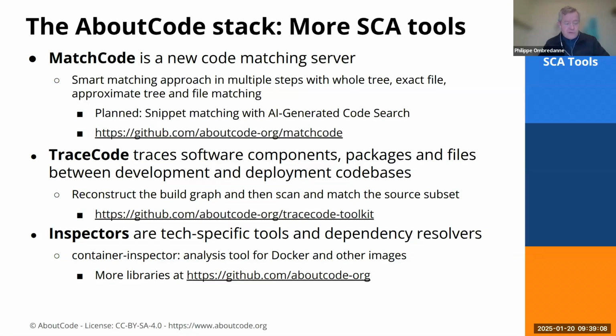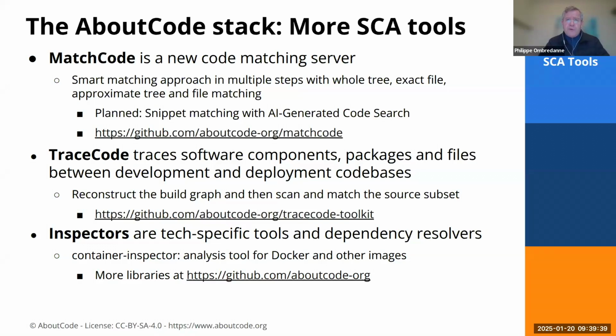There's another one for Rust. There's another one for the general format for ELF binaries, and one for containers and so on. The point here is that these inspectors are lower level libraries focused on one technology, reusable across other things. So, for instance, the Python inspector and NuGet inspector are also used in addition to ScanCode in the open source review toolkit, ORT.